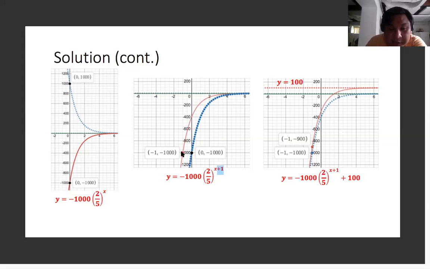And then finally, everything moves 100 units up. So from negative 1, negative 1,000, it actually moves now to negative 1, negative 900. So is the behavior of the asymptote. It is now at y is equal to 100.